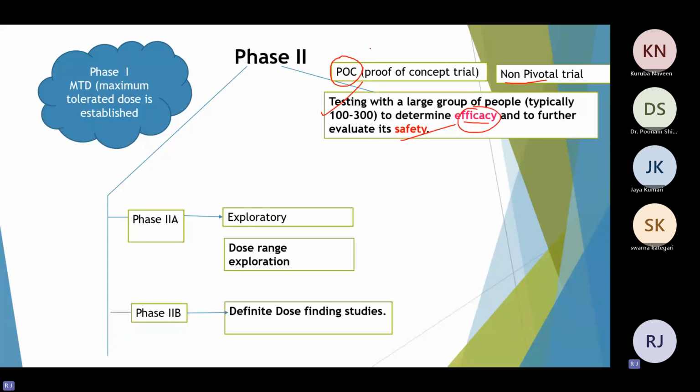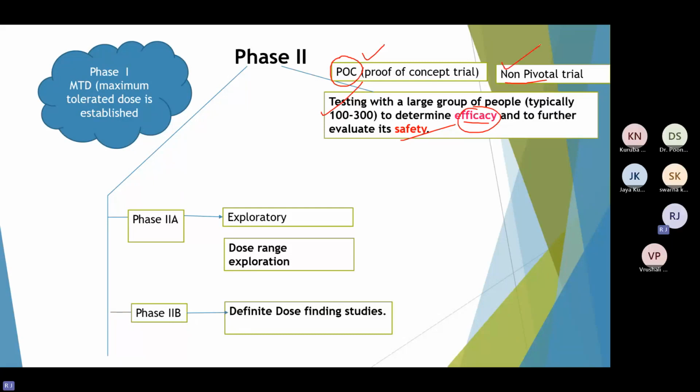That's why it is called proof of concept, where here we are going to prove our concept. Okay, my drug is effective for this particular illness. And it is non-pivotal. This is a technical word. Whenever we are going to submit the data of any clinical trial to the regulatory body for taking approval, those kind of trials are called pivotal trials.